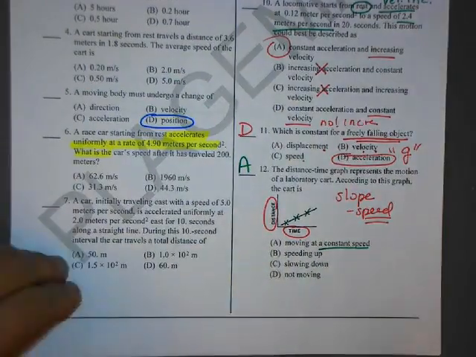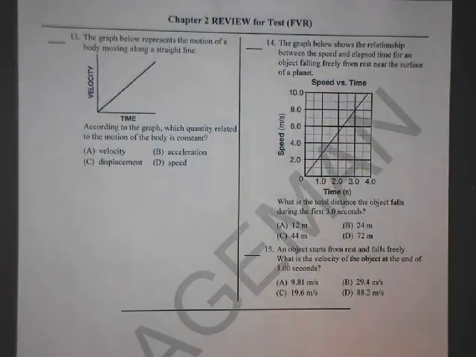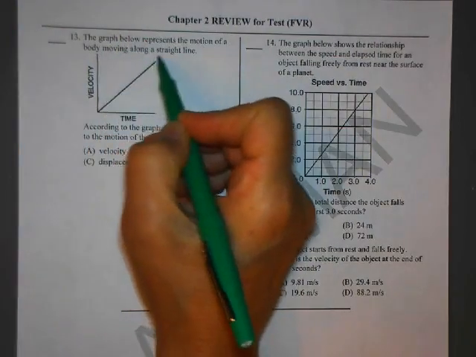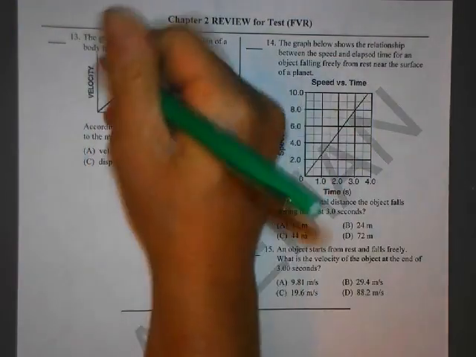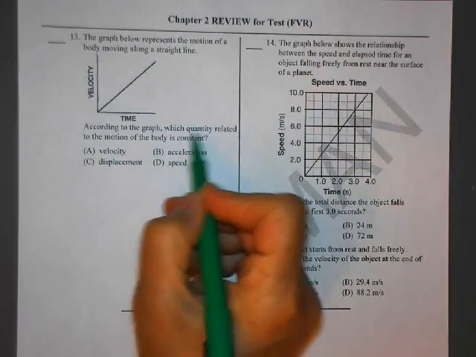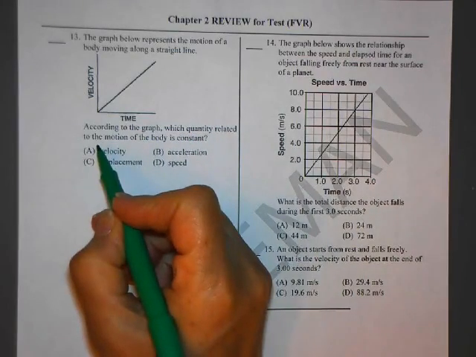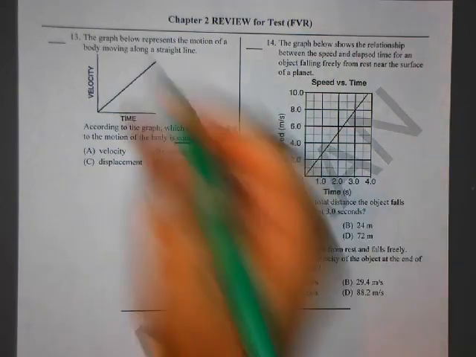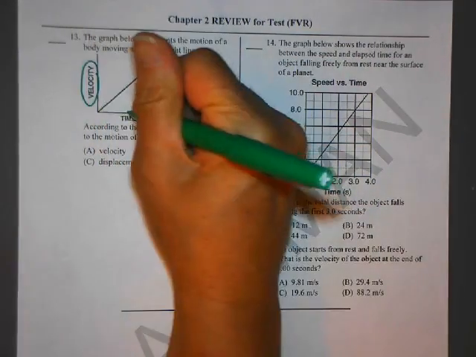Okay, let's turn the page. Number 13. The graph below represents the motion of a body moving along a straight line. According to the graph, which quantity related to the motion of the body is constant? So this is a velocity versus time graph.